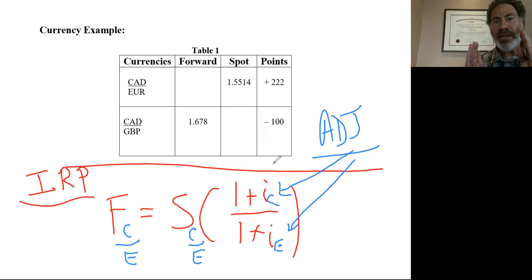So if you're talking about a forward rate of only 3 months or 1 month, then you'd have to adjust these rates by dividing by 4 or dividing by 12. You could put things to the exponent. If you know how to do it that way, it comes out to nearly the same answer. But just make sure that you adjust those rates. They are annual rates.